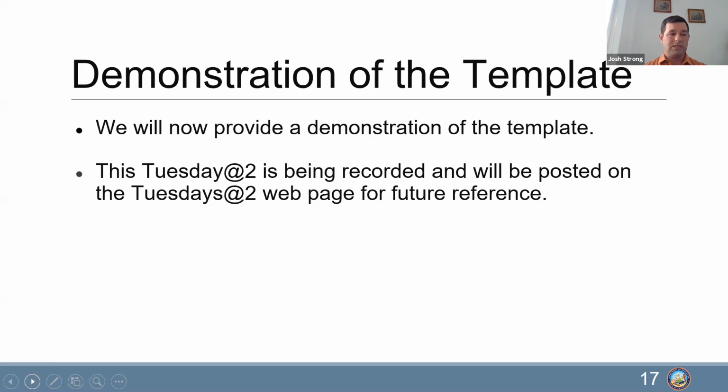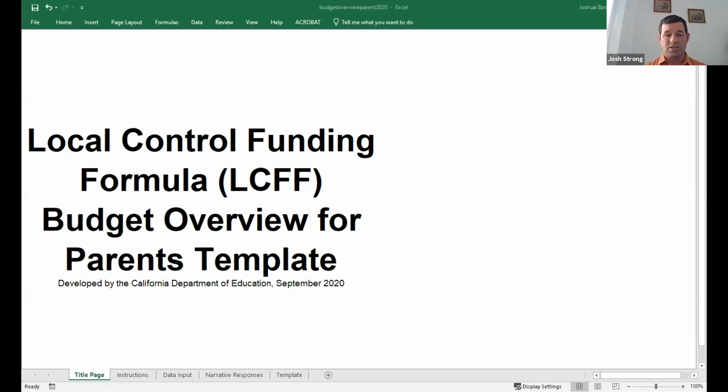So at this point in time, what we're going to do is switch over and actually look at the budget overview for parents template. We're going to take the opportunity to actually do some work with this, plug some stuff in.